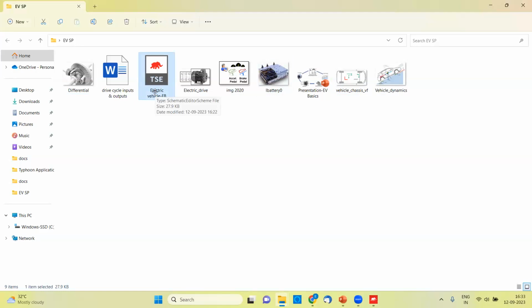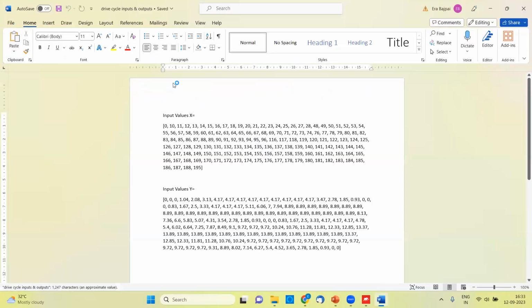Whenever we save any Typhoon schematic model file, it will show in this way, .tsc. The .tsc file is basically the schematic editor representation. In this, you can see we have images, as well as this Word file. This Word file is basically indicating the drive cycle inputs and outputs. If I just open this file, I want to show you.